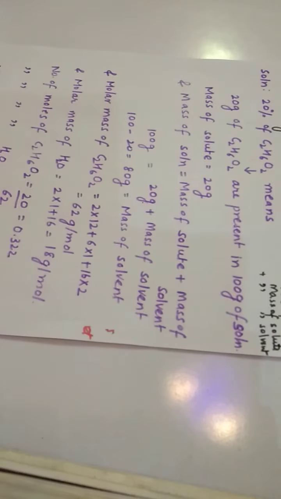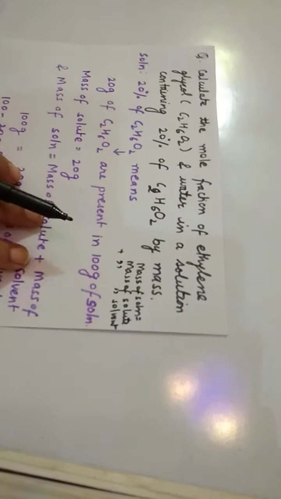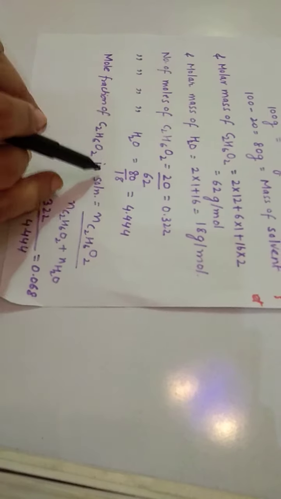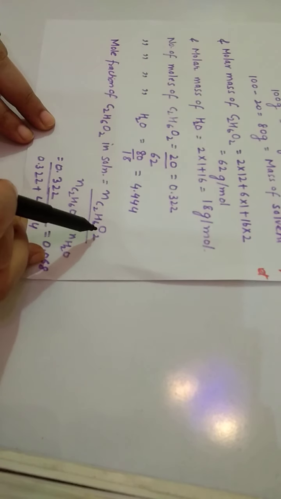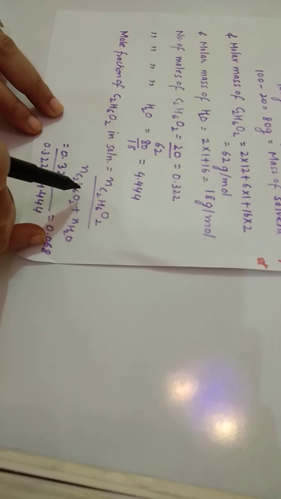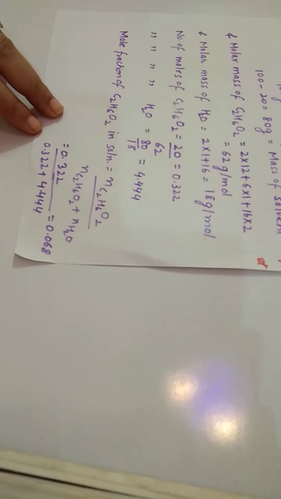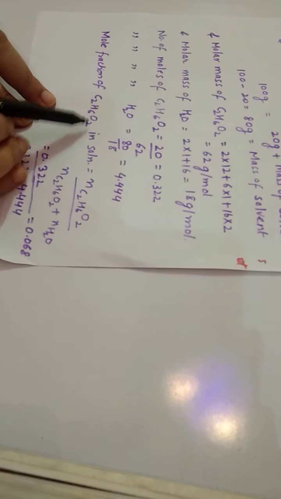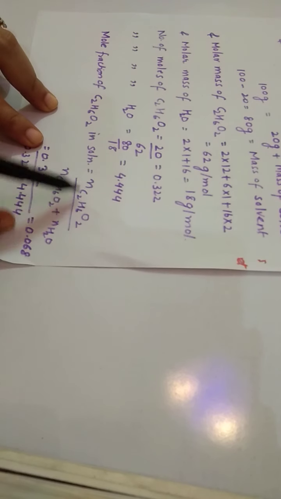Now what is asked in the question? You need to find the mole fraction of ethylene glycol and water. So what is the formula for mole fraction? Number of moles of the substance which you need to find, divided by number of moles of the solute plus number of moles of the solvent. Here first we'll find the mole fraction of ethylene glycol. So the formula will be number of moles of ethylene glycol divided by number of moles of ethylene glycol plus number of moles of water.